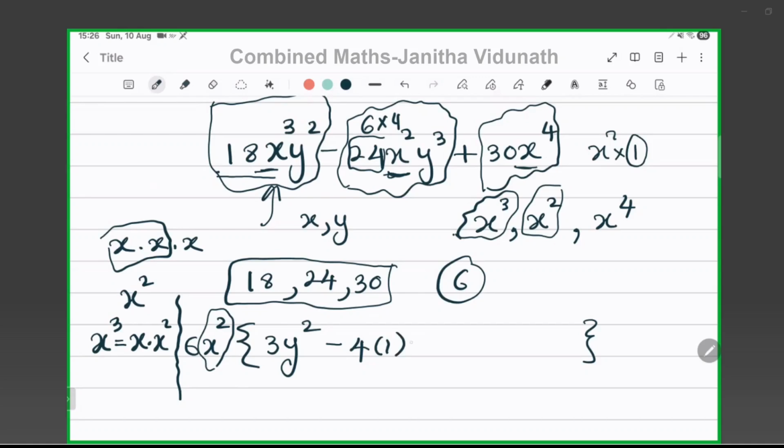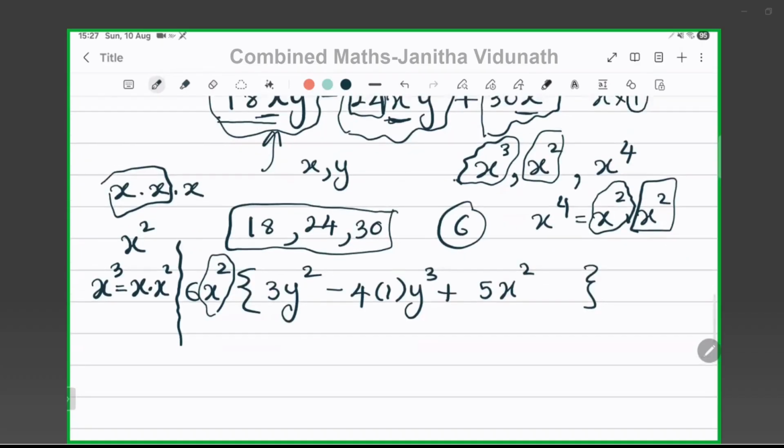And there is still a y cube. Then when we consider the fourth term, when we take out 6, there is a remaining 5. And x to the power 4 can be written as x to the power 2 times x to the power 2. Then we take out x to the power 2, and there is still x to the power 2. Then this can be factorized as 6 times x square times 3y square minus 4y cube plus 5x square.